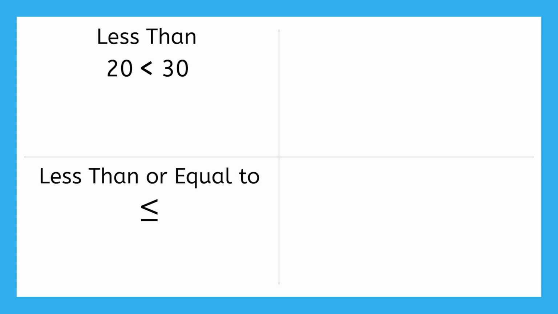Then there's less than or equal to. This is very similar to less than because the 20 and 30 will work here too. The number on the left can be smaller and the number on the right can be bigger, but with less than or equal to, the numbers can also be equal. This means that 30 is less than or equal to 30 is also a true statement.